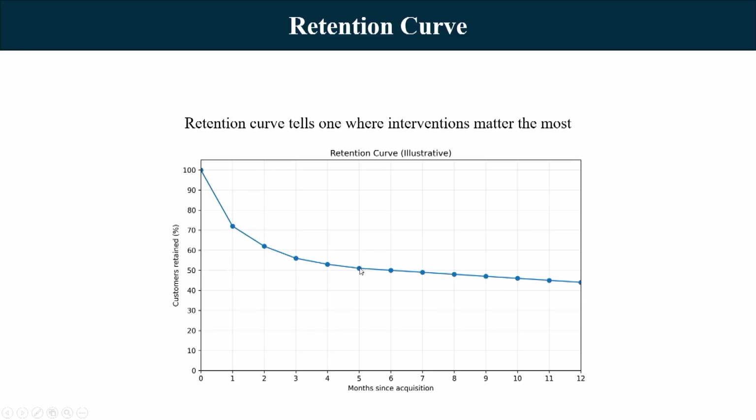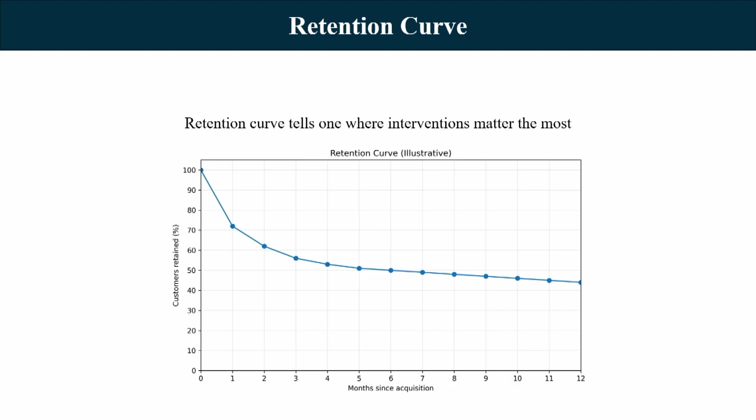over a period of time, if you look from month 5 onwards, then the curve becomes relatively flattened. So, what does it mean? It means that there is a higher chance that customers will switch to other brands during the early stage of their relationship with the brand.